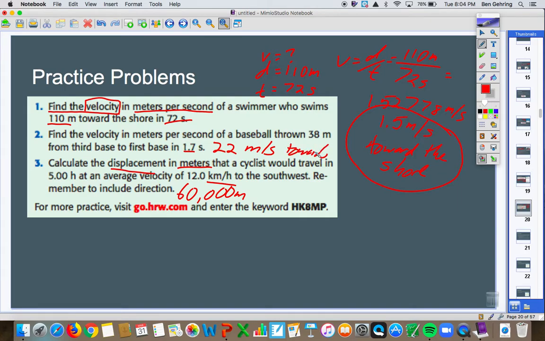Towards first base here, and then your displacement is going to be 60,000 meters to the, because it's displacement, I need a direction. So this is going to be 60,000 meters to the southwest.